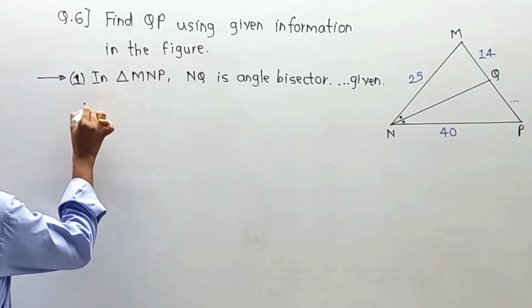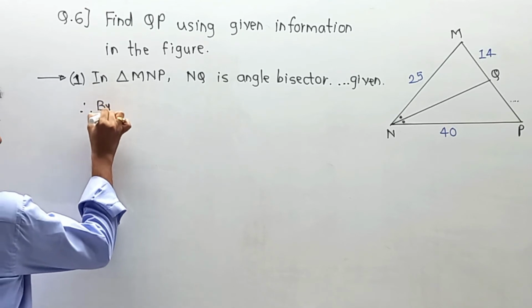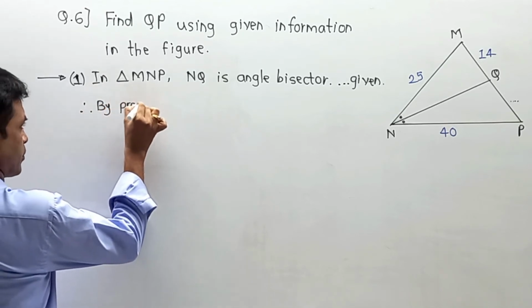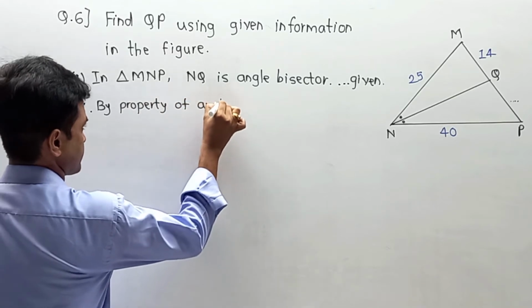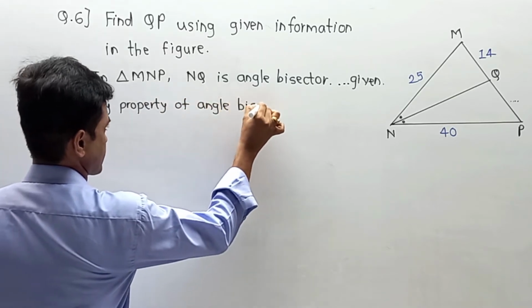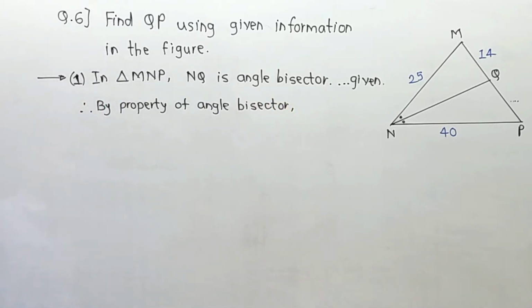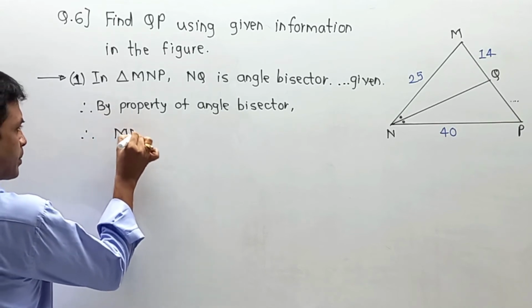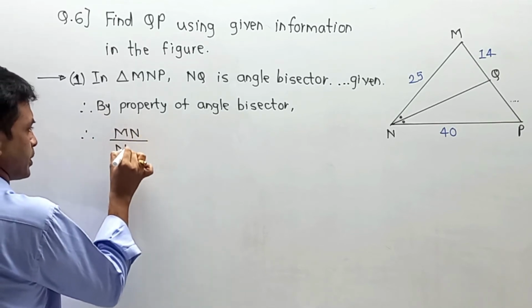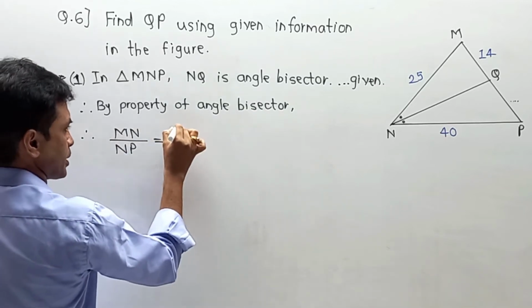Therefore, here by the property of angle bisector of a triangle, MN upon NP is equal to MQ upon QP.